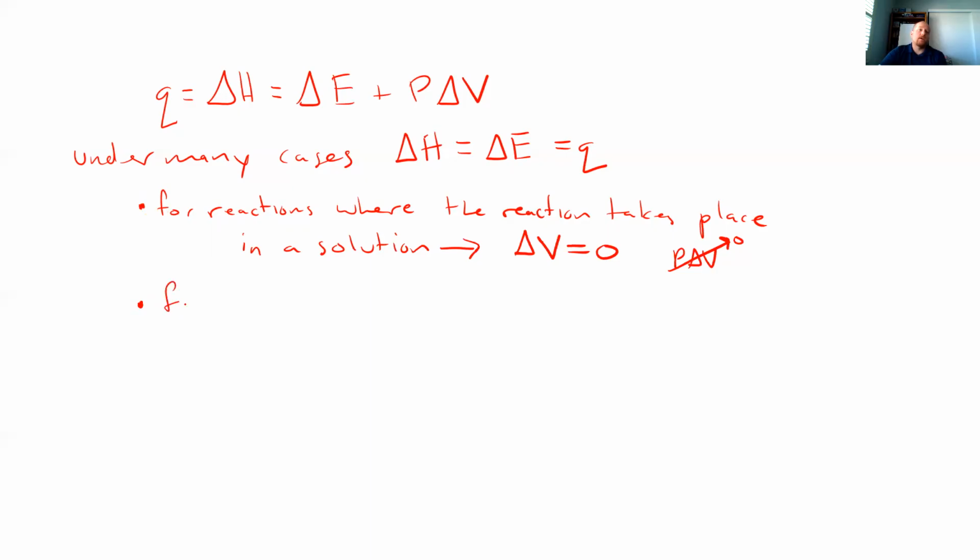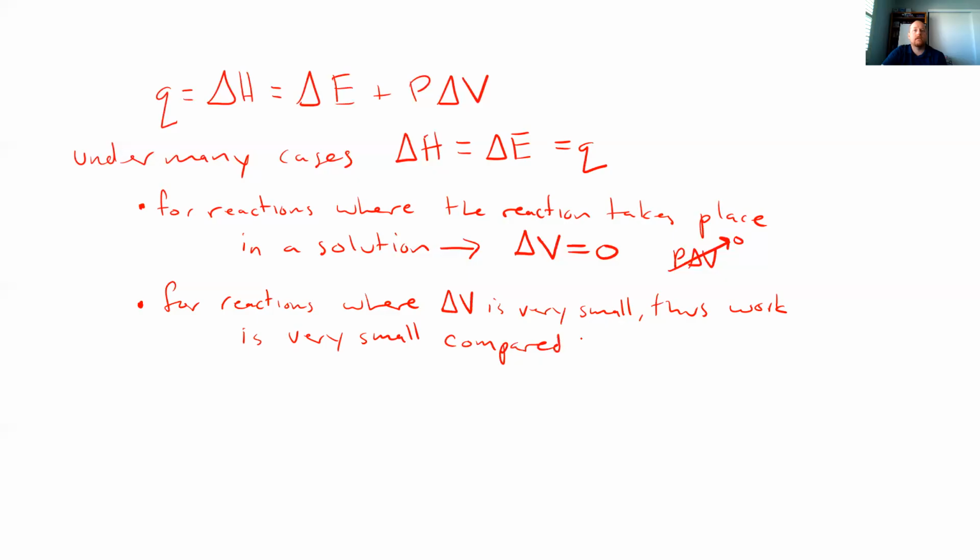Another one is for reactions where the work or the delta V is very small, and thus the work is very small compared to heat. You can think about it this way.